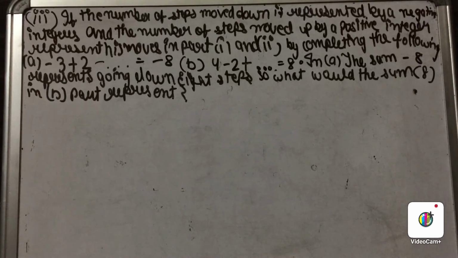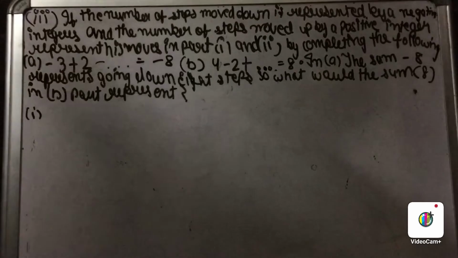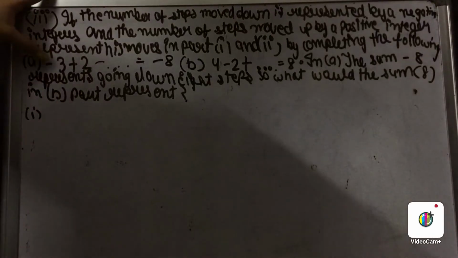And now the sum minus 8 represents going down by 8 steps, so probably 8 would represent going up by 8 steps. So the way to solve this question is a little tricky, but there is no need to get tricked. Now let us solve this question. So firstly, you have to solve these two.